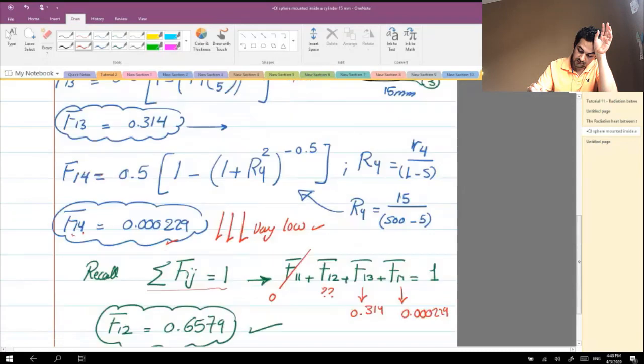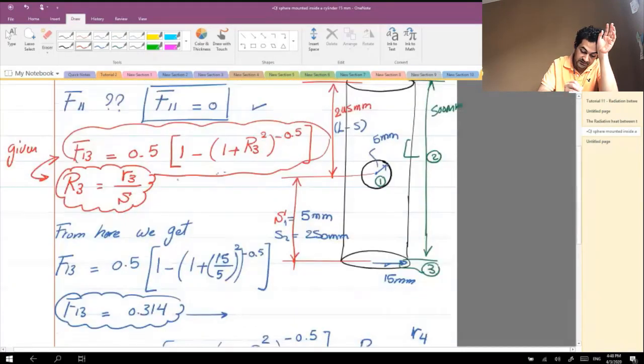For F13 and F14, the equation itself was given, right? So only F13 was given. This is the view factor relation between a sphere and a disk, based on R3, the radius of disk 3, over the distance between the sphere and the disk.